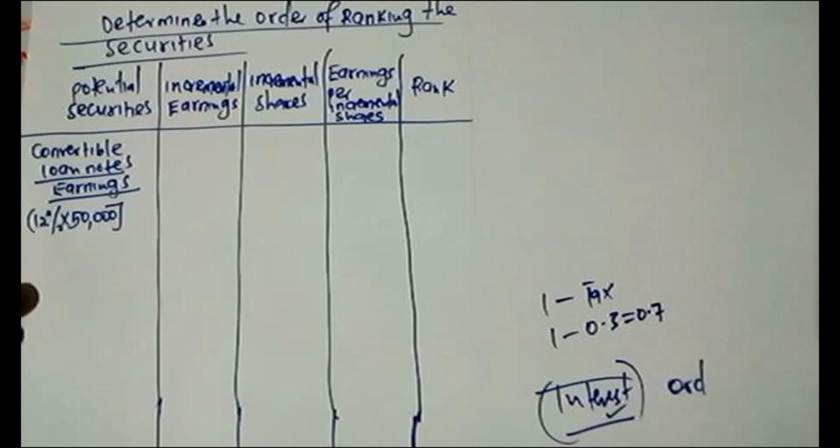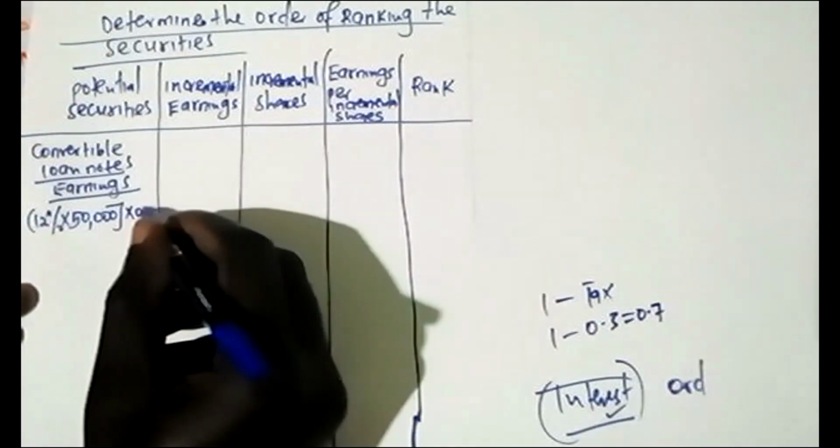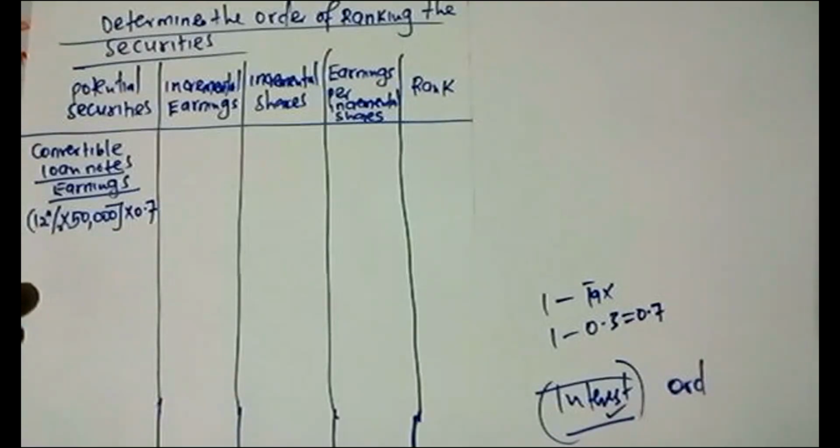Under this security, I have to multiply my earnings with 0.7. This is only done where the return from the security is interest, not dividends, because dividends are not an allowable expense. Interest is an allowable expense, they never paid that, so that is why this is a saving.